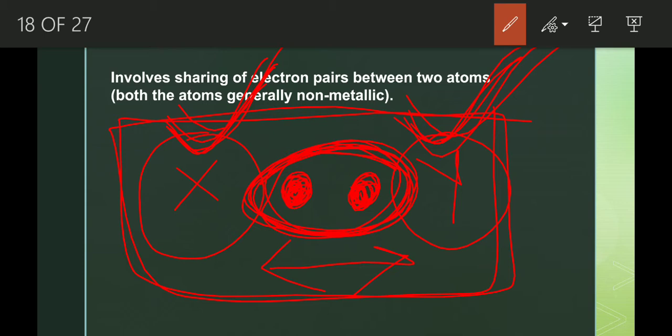Though they are not fully gaining a particular electron, they are partially gaining electrons. They are sharing the pair of electrons, right? That's why we are considering both these atoms as non-metals. So this is all about the covalent compound or the bond.